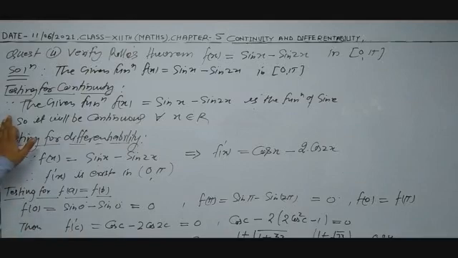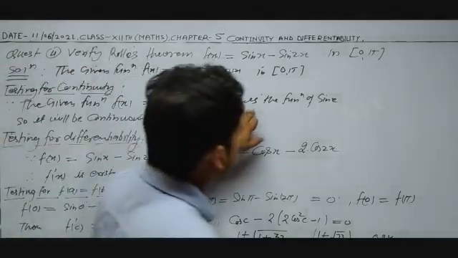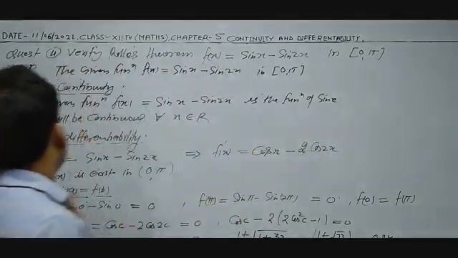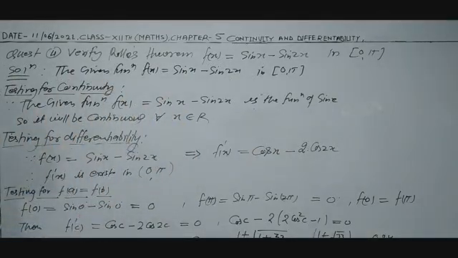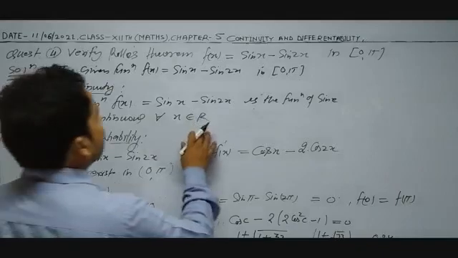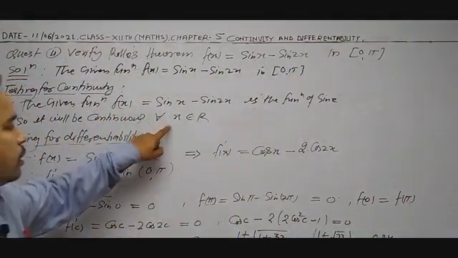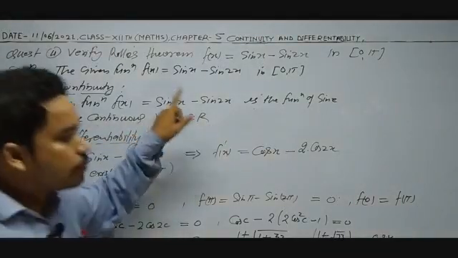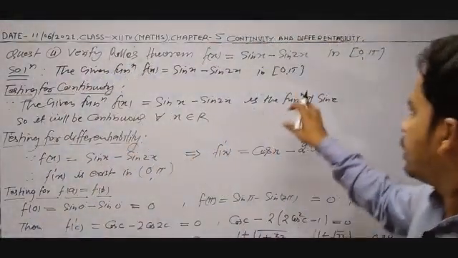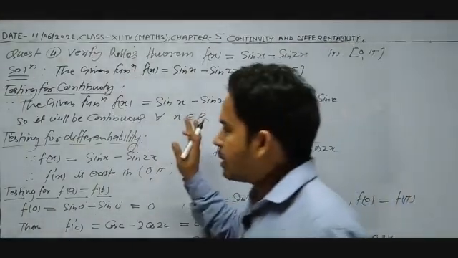Now the given function is a function of sine, so it will be continuous for all x belongs to R. Therefore, it will be continuous in 0 to pi. So the function is continuous.